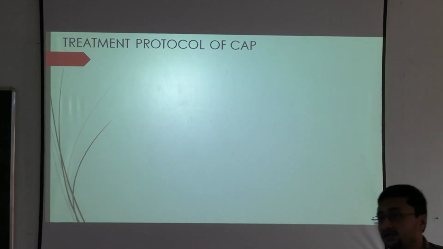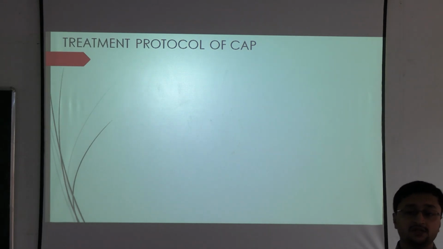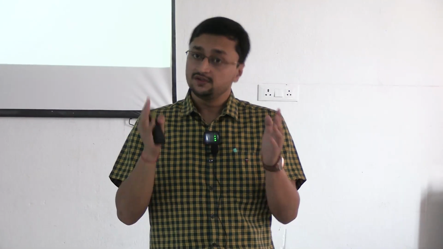Next, treatment protocol of community acquired pneumonia. So actually management of community acquired pneumonia consists of treatment site determination, that is to be determined by the CRB 65 score, and to determine the severity of pneumonia. Is the pneumonia severe or non-severe?